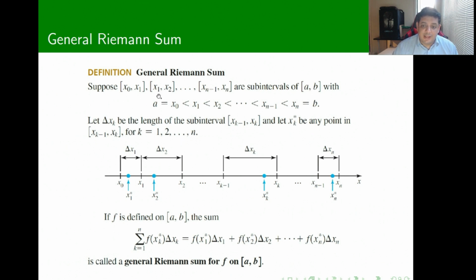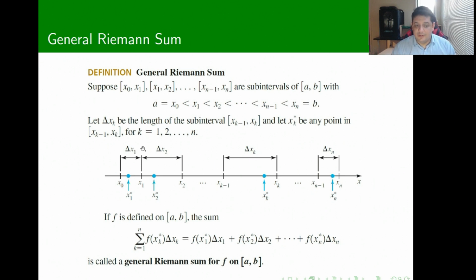Okay, now we can define the general Riemann sum. Given an interval [a, b] with a partition of subintervals x0, x1, x1, x2, up to x(n-1), xn, with delta xk the length of the subinterval from x(k-1) to xk, and xk star any point in that interval, then notice the length of each of the intervals might be different, but the general Riemann sum is just the sum of f of xk star, giving me the height of the rectangles, times delta xk, giving me the width of the rectangles.